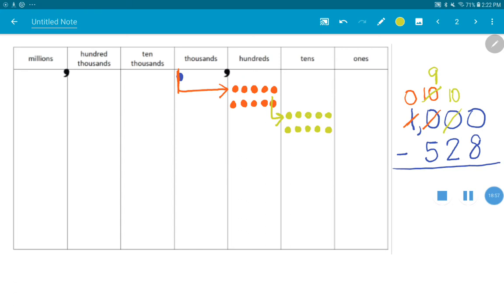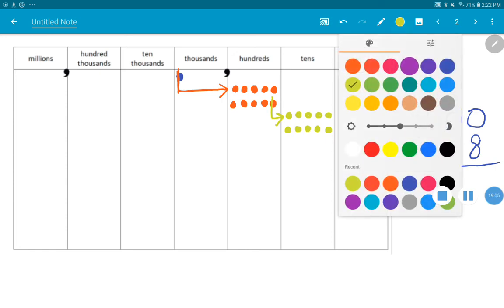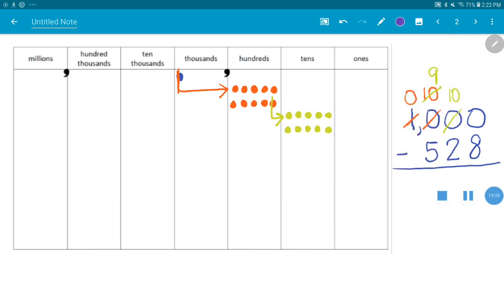So do I have the same value that I started with, that 1,000? Yeah. That's why this works. Okay? All right, so are we ready to subtract our ones yet? No. No, I still don't have any ones.